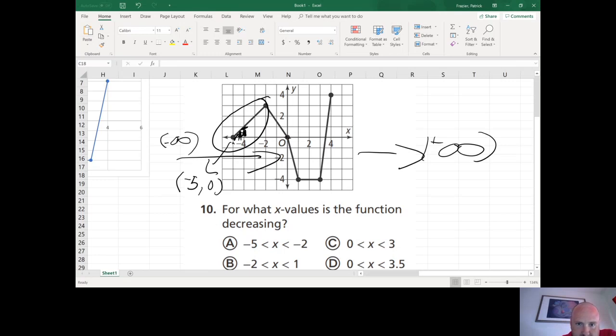We've gone up in this block. So then we have the ordered pair, see, the input is -4, and the output is 1. Well, we went from 0 to 1. From 0 to 1.